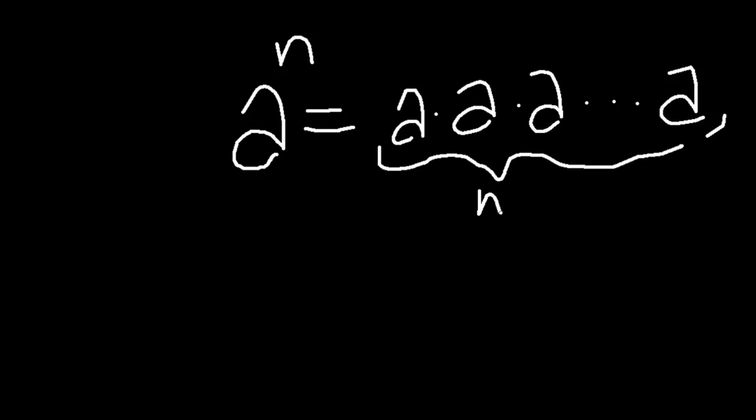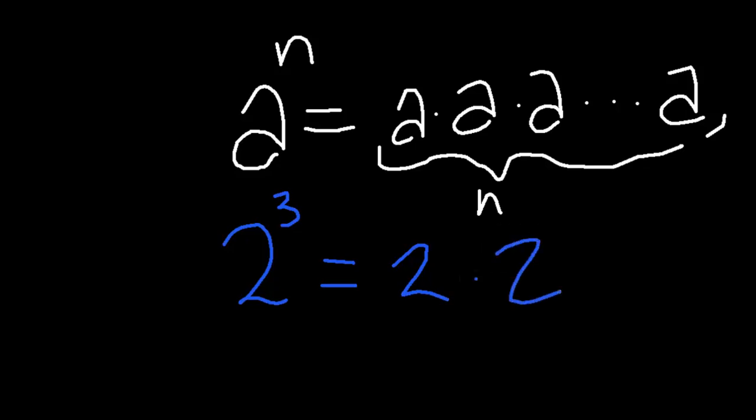Okay, so if you kind of get it, but not all the way, let me go ahead and show you some examples with real numbers. So if instead of a, I wrote 2, and instead of n, I put a 3 as the exponent, what this is going to equal is 2 times 2 times 2.